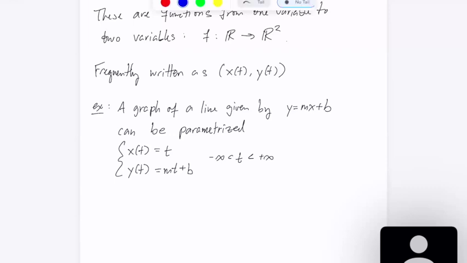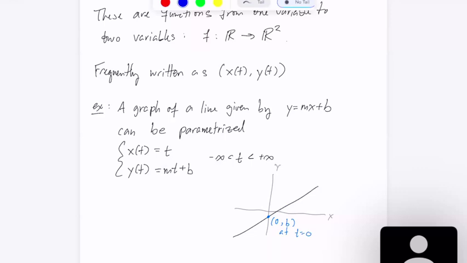All right, so in this particular case, I have my xy plane here. I have a line with some slope here. And what this parametrization tells me is that at t equals 0, x is equal to 0, and y is equal to b. So this is at x equals 0, y equals b, at t equals 0. And then as t increases, I might be traveling along this line here, right?